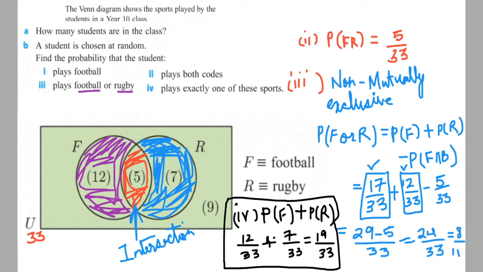So 19 upon 33 is the probability of choosing a student who plays exactly one of these sports. So I have taken 12 because exactly 12 students play only football, exactly 7 students play only rugby. So the total probability here is 12 upon 33 plus 7 upon 33, which is 19 upon 33. And this question is solved.